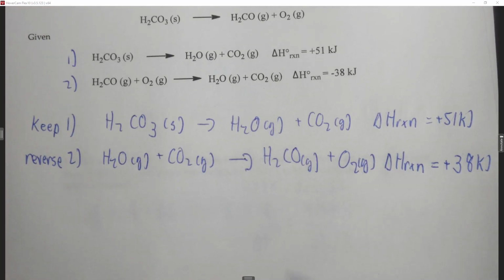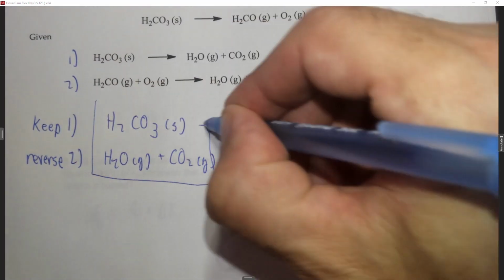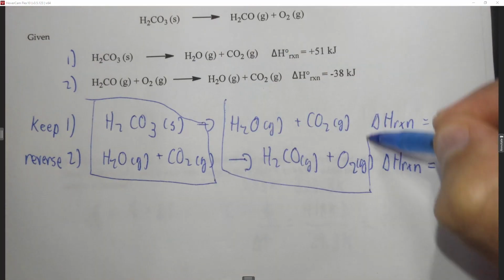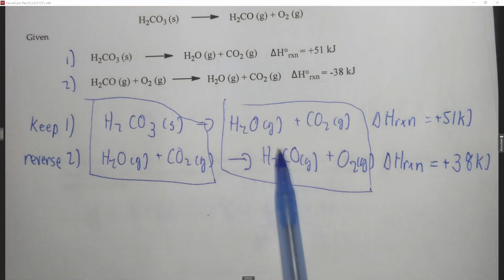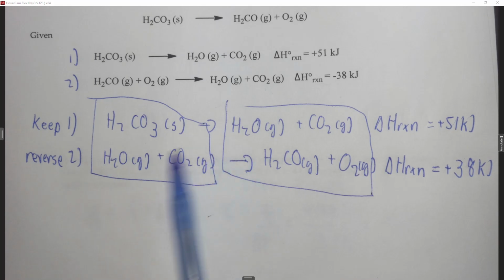Now I need to add these reactions together. Adding reactions is literally just writing all the reactants on one reactant side and all the products on one product side.